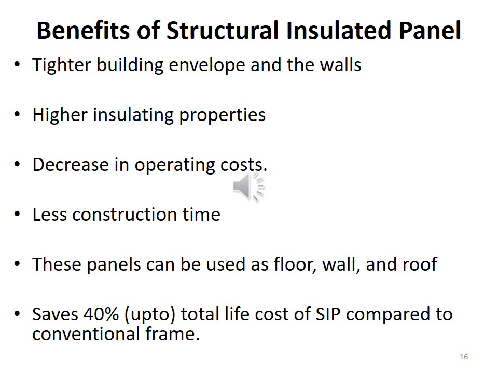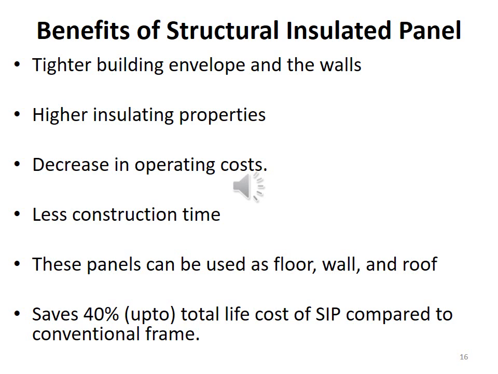If you are using the structural insulated panels, you will have a lesser number of trades people, as these structural insulated panels are all-in-one in nature. These panels can be used as floor, walls, and roof, with the use of this panel as the floor being of particular benefit when used above an uninsulated space below.